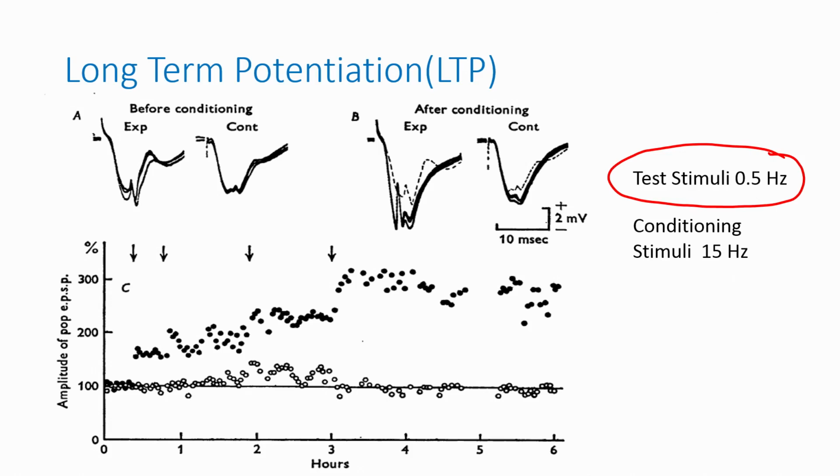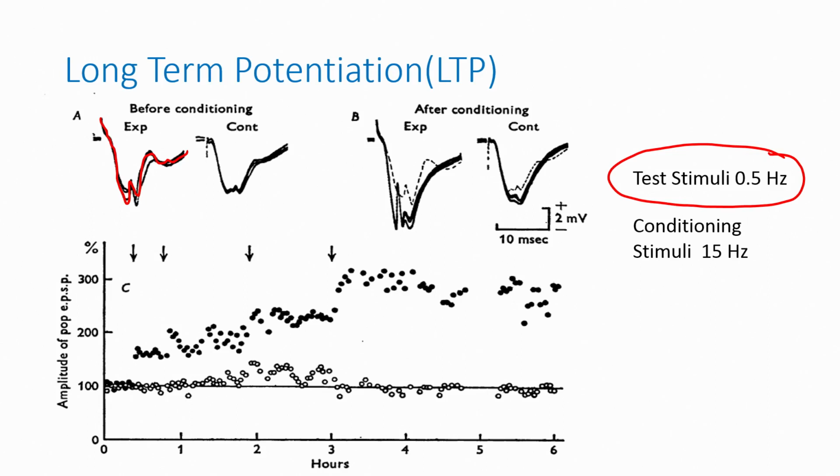When you do that, what you will see is a response something like that. This is a voltage response, potentials measured in voltage. This response is from the recording electrode.